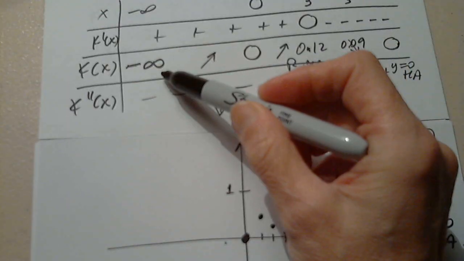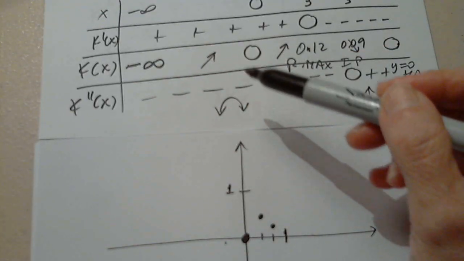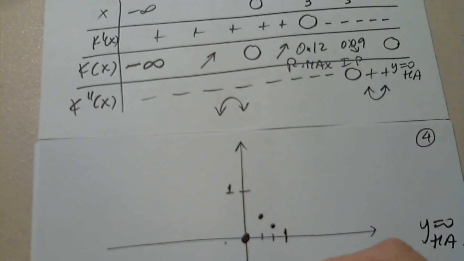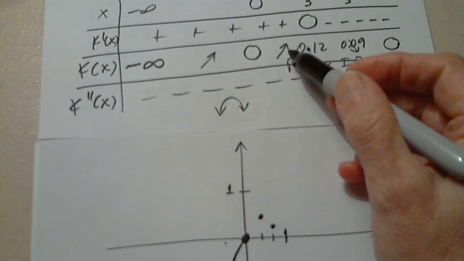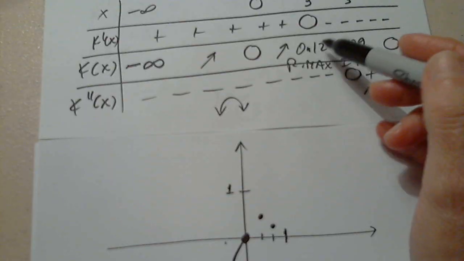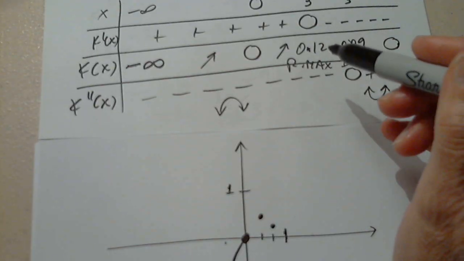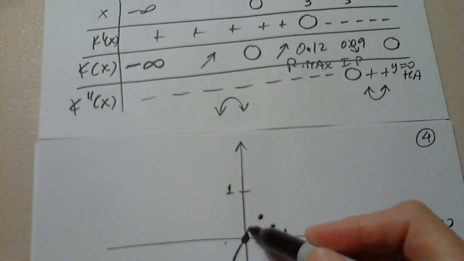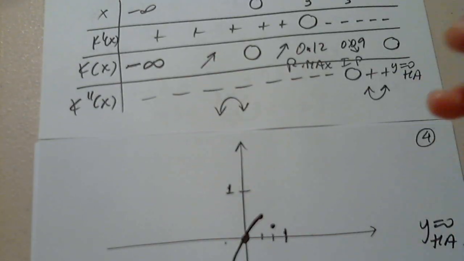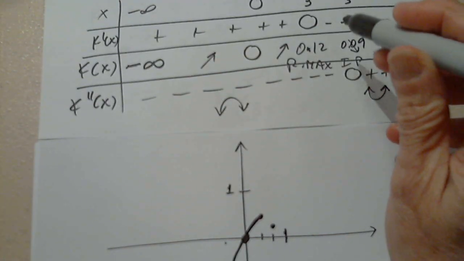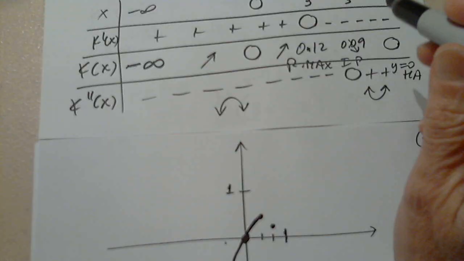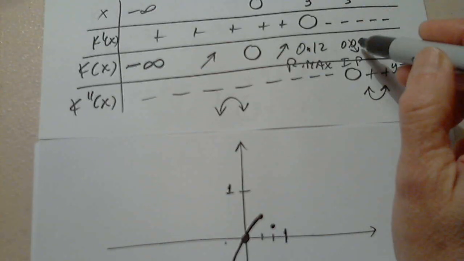Good. From negative infinity, opening down, increasing to 0. Okay, fine. Continuing up to 1/3, 0.12 for a relative max. Fine. Good. Coming down, still opening down to 2/3 this point.